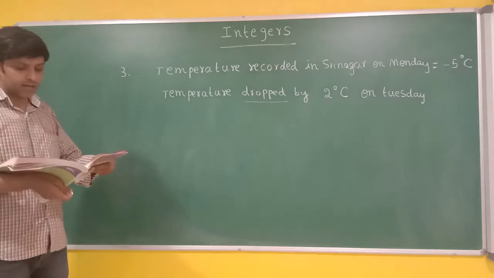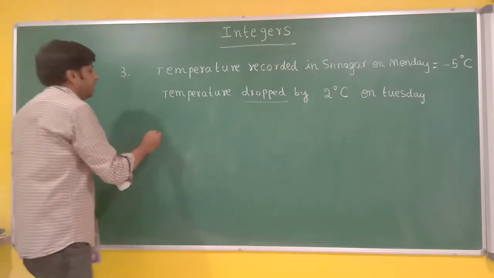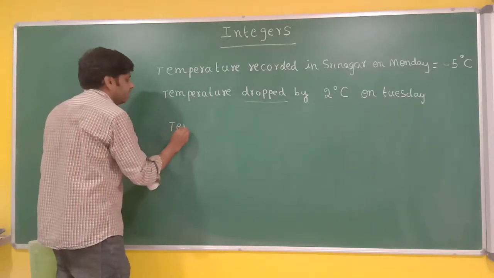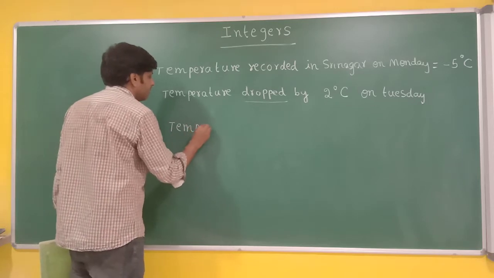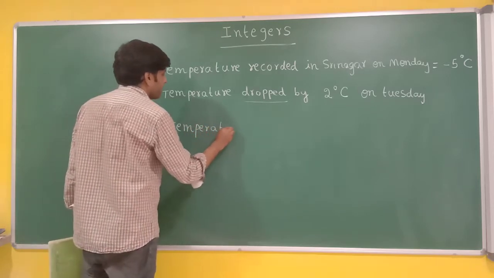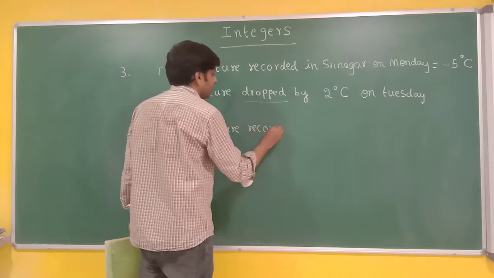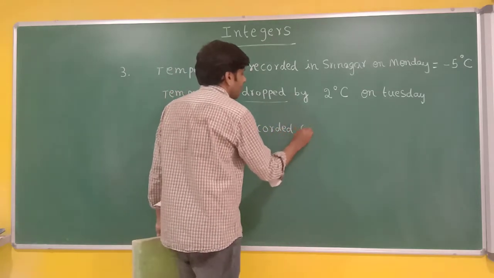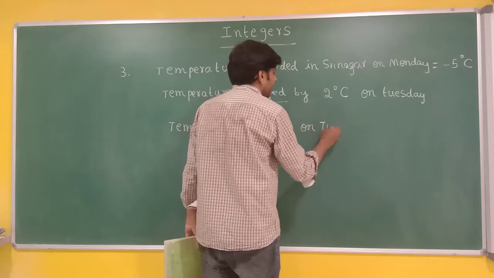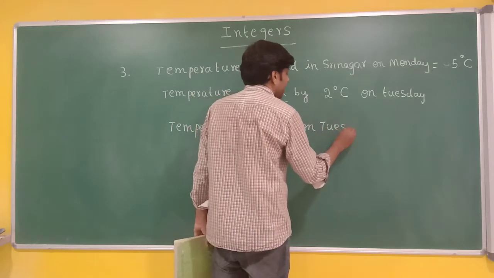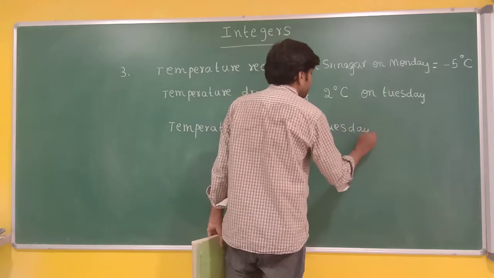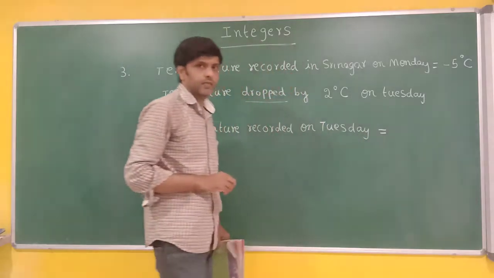Now, next what happened on Wednesday? So, now temperature recorded on Tuesday. Means after the temperature reduced by 2 degrees, how much will be the temperature? We'll write it.